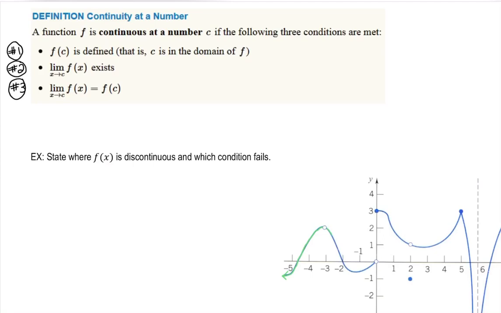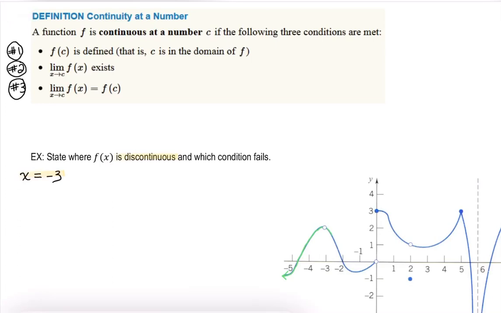So the first discontinuity is going to be at x equals -3. Again, what we're finding here are where the function is discontinuous. So I am discontinuous at x equals -3.